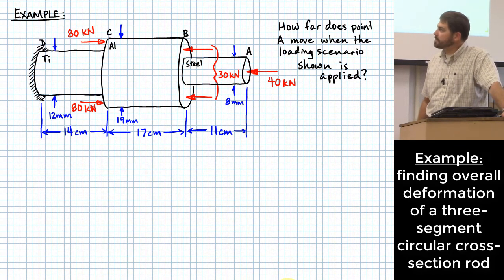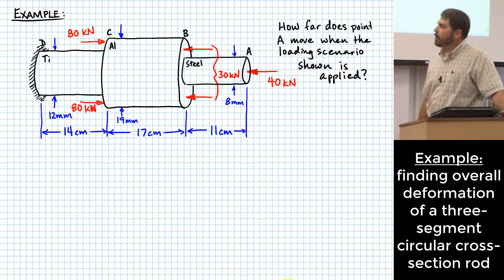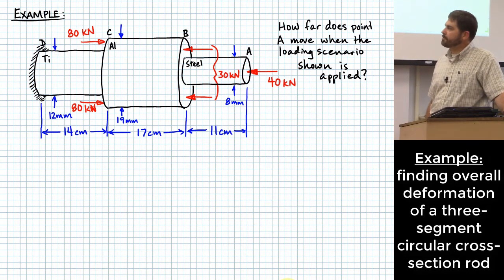I have a composite rod composed of titanium on the left segment, aluminum in the middle segment, and steel on the right segment. And this says, how far does point A move when the loading scenario shown is applied? Okay?